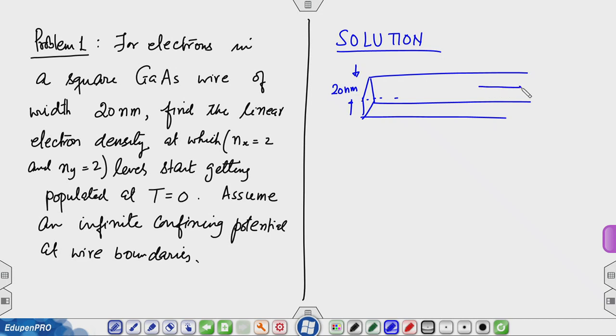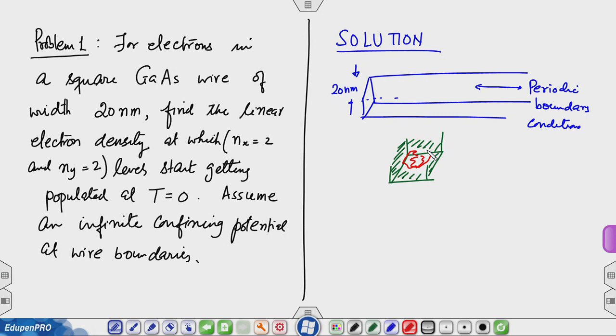So, this way it has periodic boundary conditions. However, across the wire we have electrons confined, and we are going to assume that these electrons are confined in this infinite box. So, all around the potential is going to infinity, and this is where these electrons are moving.